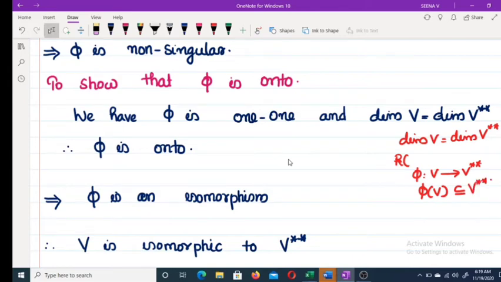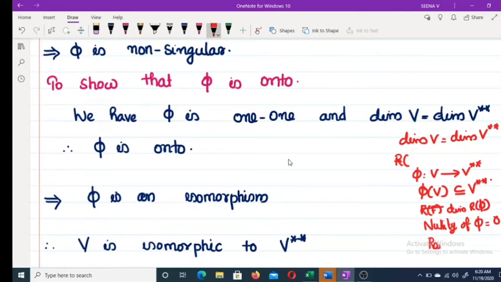And what about the dimension of the range of phi? This space is contained, and the dimension is the dimension of the range of phi. As phi is 1 to 1, nullity of phi is 0.